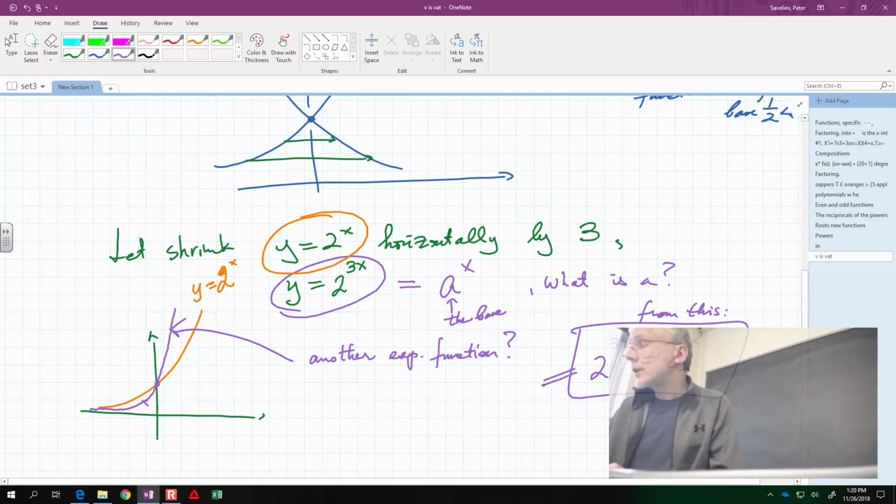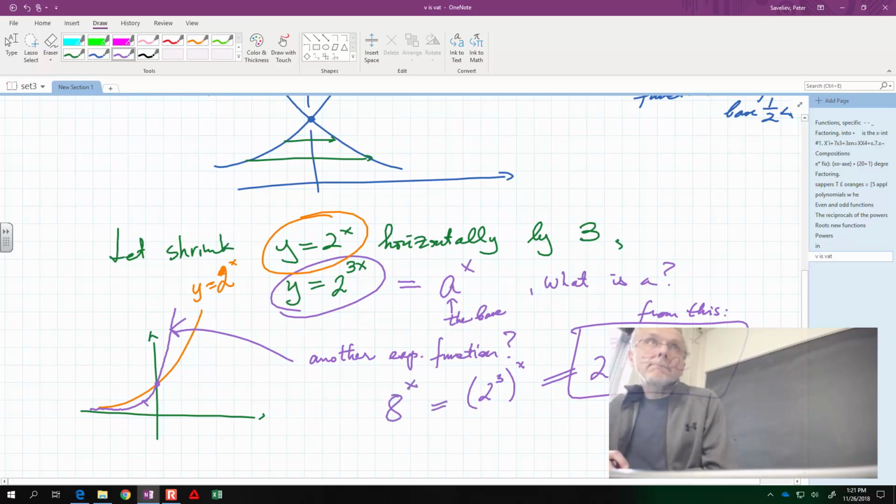Can you transform 2 to the 3x using one of the properties? Yeah, 8, that's right. 2 cubed to the x, that's one of the properties. Remember, it is actually property number 3, that's the way we use it. So then it turns out to be indeed a to the x power. Okay, so indeed, that's my a. A is equal to 8.